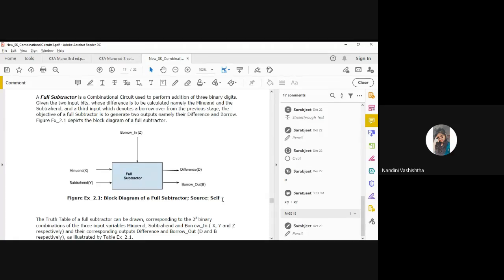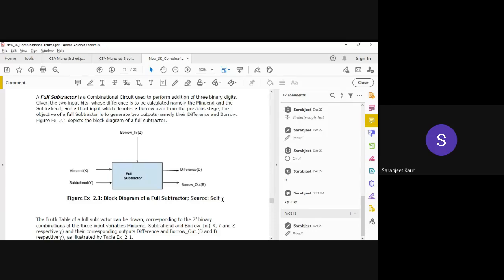The objective of a full subtractor is to generate two outputs, namely the difference and borrow. So a full subtractor, like a full adder, basically deals with 3 bits of information. Okay. So with the full subtractor, we can actually subtract 3 bits together.